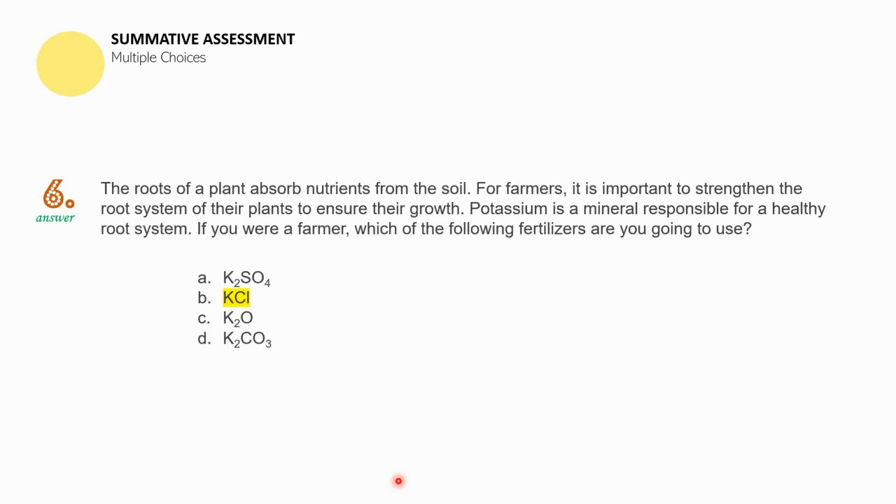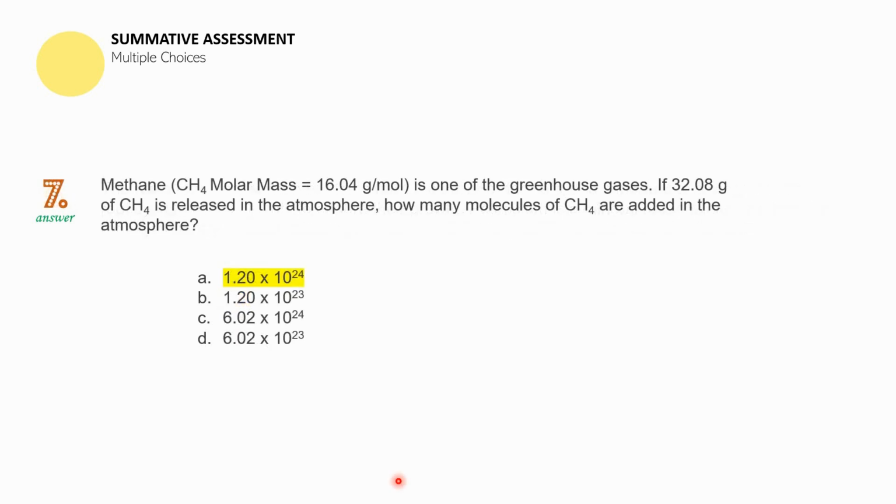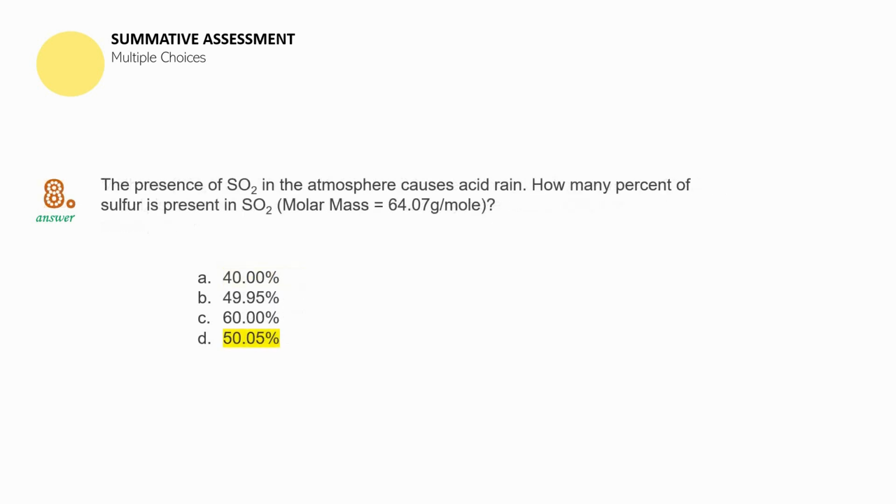Question number 6, it's potassium chloride. Question number 7, the answer is 1.20 times 10 raised to the 24th power. Question number 8, it's letter D, 50.05%.